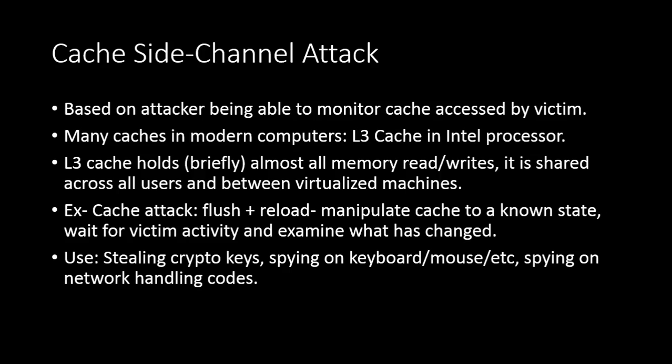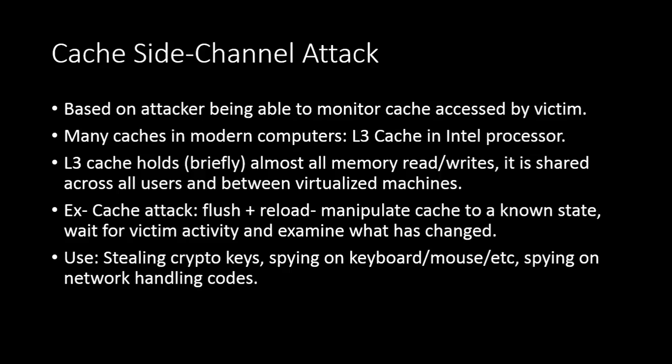Flush and reload are used to manipulate the cache to a known state, wait for a victim activity, and then examine what's changed. And based on that, you're able to spy on their peripherals, spy on their network handling codes, and even steal some crypto keys.